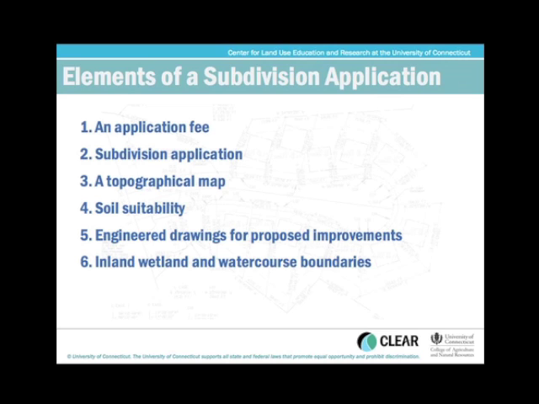Some of these things, in our Land Use Academy training, in our second session, we would look at some of these subdivision applications and how they're actually applied and how you would actually review them. So that's a key part of the Land Use Academy that's worth going to check out.